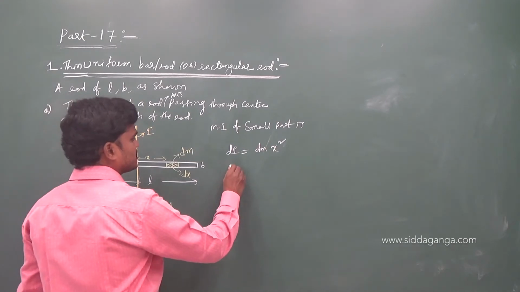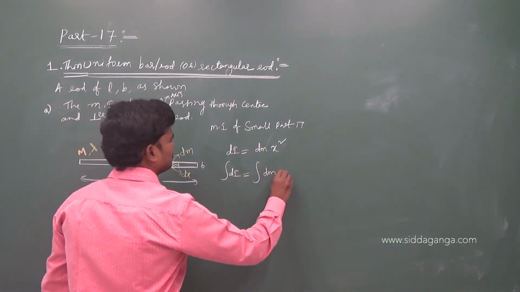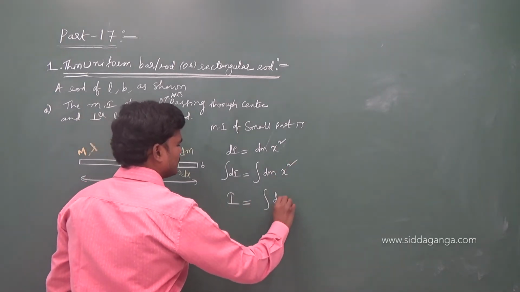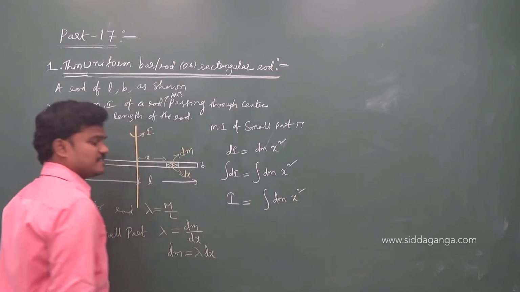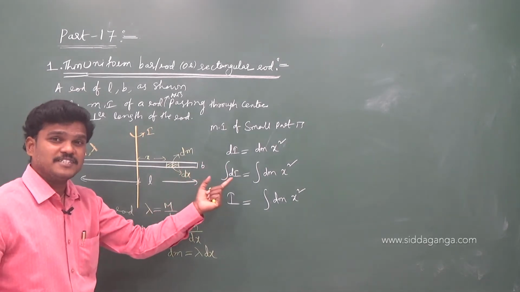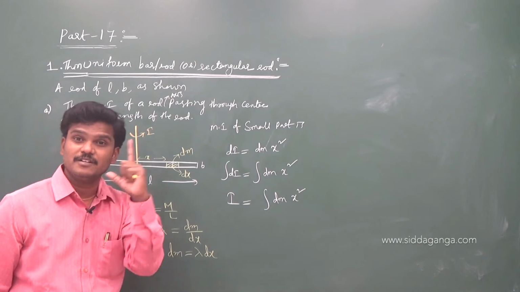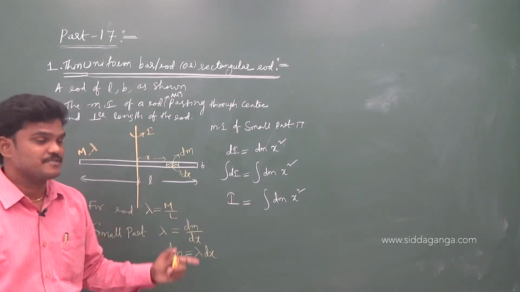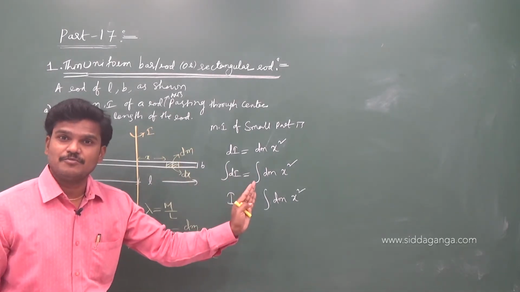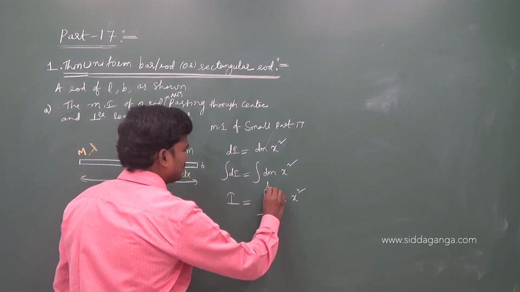If you apply the integration, integration of dI, integration of dm x square, this is I. Now the limits. x varies from plus L by 2 on the right to minus L by 2 on the left. I told you in center of mass concepts. The axis moves left side minus L by 2, right side maximum distance L by 2. So the limits are very clear: minus L by 2 to plus L by 2.